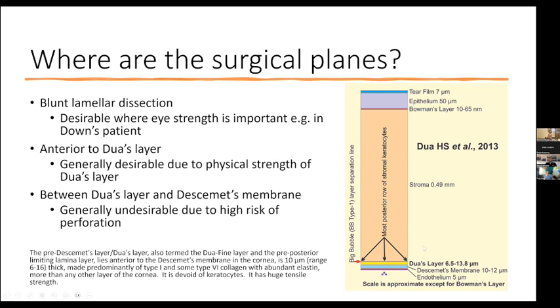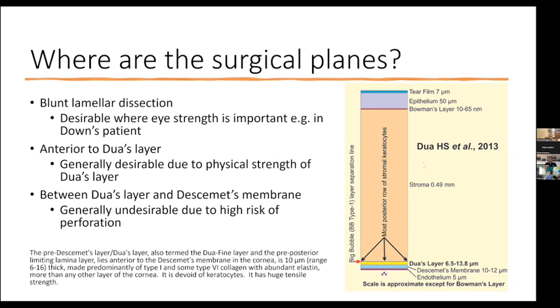All right, so where can we dissect and where are the surgical planes? Before the big bubble was discovered, we have always relied on blunt lamellar dissection. So here we are basically using a mostly blunt instrument to separate lamellae, one layer on top of another.